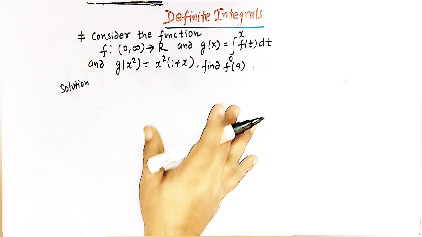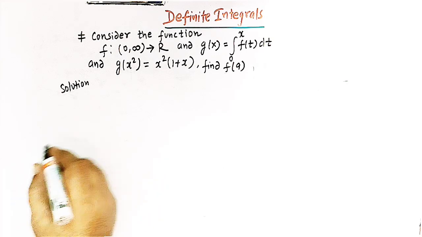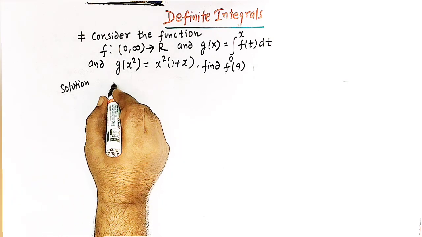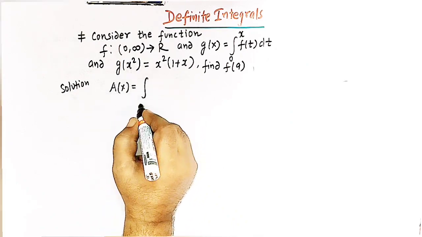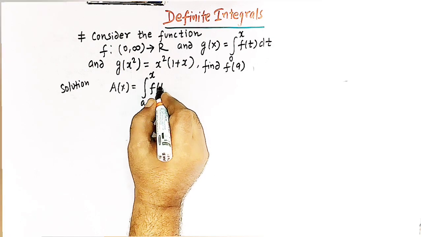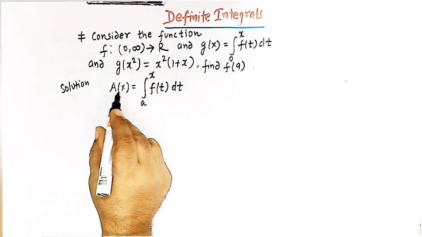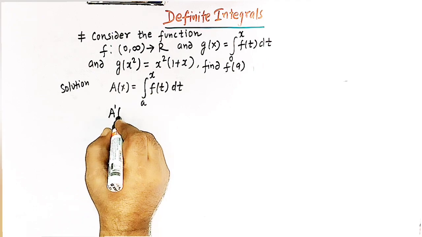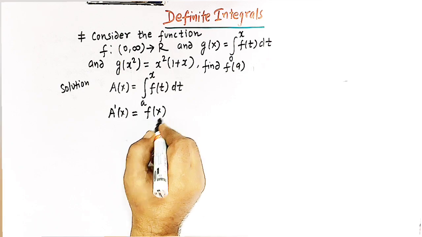So now to solve this problem, we have to make use of the fundamental theorem of integral calculus. And fundamental theorem of integral calculus says that if we have a function, say a of x, which is equal to the integral a to x f of t dt, then the derivative of a of x, that is a prime of x, is equal to f of x, right?